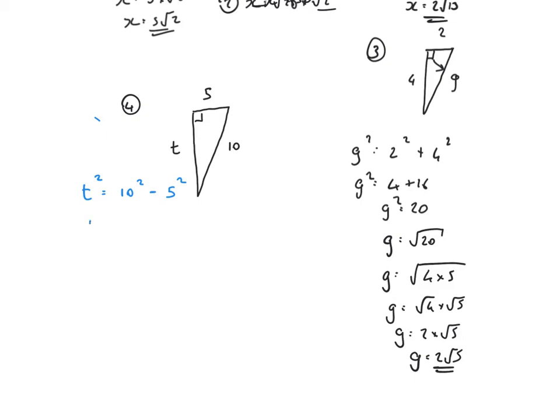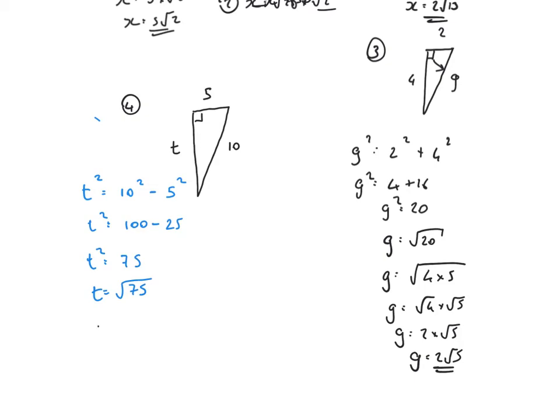Okay, so that's going to be t squared equals 10 squared is 100, and 5 squared is 25. So t squared is equal to 100, take away 25, that's 75. t then is equal to the square root of 75. Now from the list, which number is the biggest factor of 75?